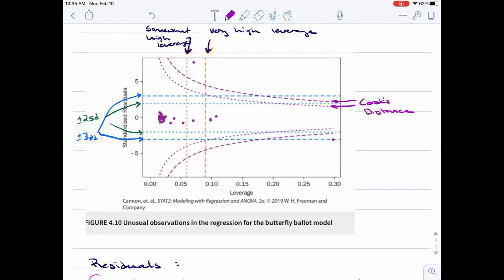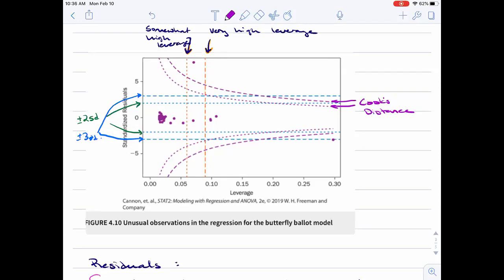We would focus our outlier analysis on these 2. If we still can't get a good fit, then we can look at these leverage points, but typically we just focus on the ones outside the Cook's bands.